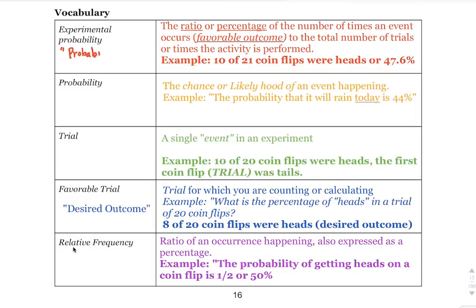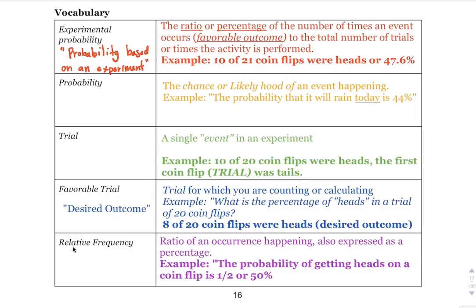Probability based on an experiment. For example, last class, we did coin flips, and we knew that it was 50-50. 50% heads, 50% tails.